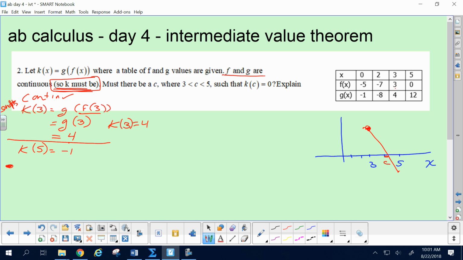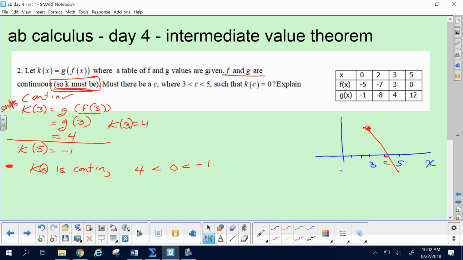Okay, so let's say a conclusion. Get me started here. What did you say? Start reading your answer. K of x is continuous. That's the first part. And 4 came first. Is this true? Say somebody wrote this. Is that good math? No, 4 is not less than 0. That's ridiculous.